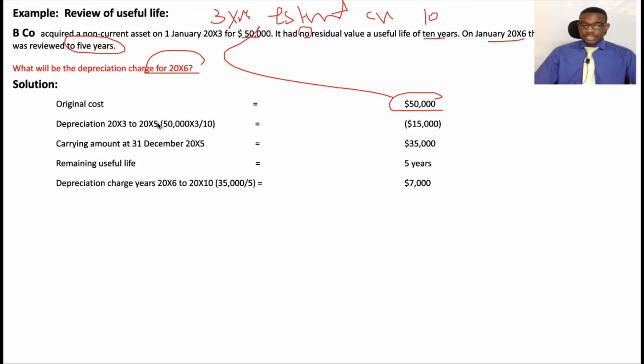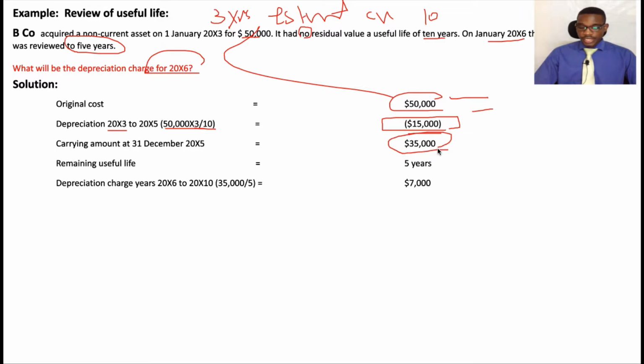Depreciation from 20X3 up to 20X5 would be 50,000 divided by 10, times 3, which gives us 15,000. It means the cost minus 15,000 will give us the carrying amount at the 31st of December 20X5. This is the carrying amount before the change.